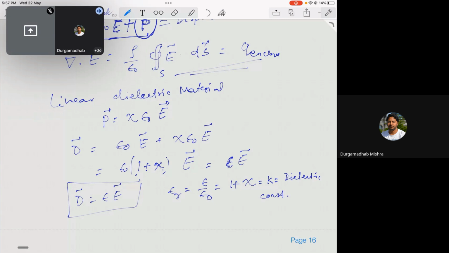So what I will do tomorrow is we will complete magnetostatics, and then I will move into electrodynamics, because they are pretty much related things.